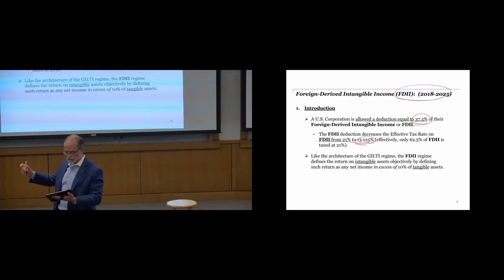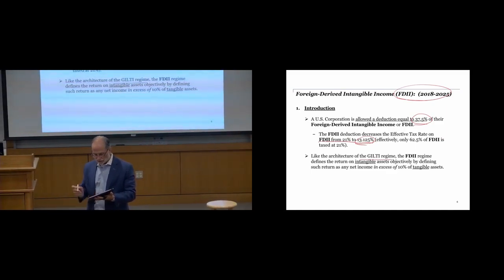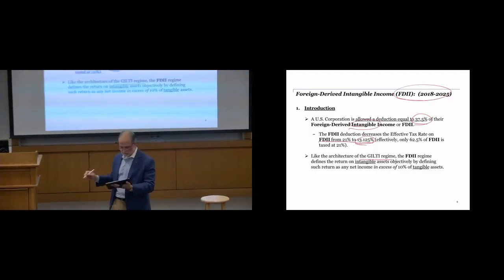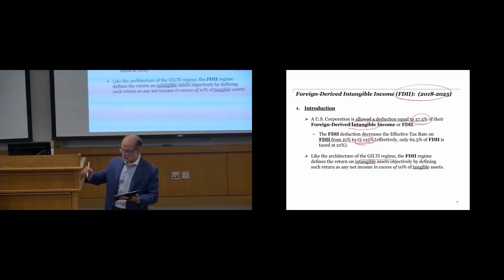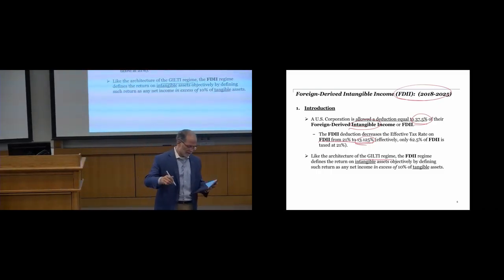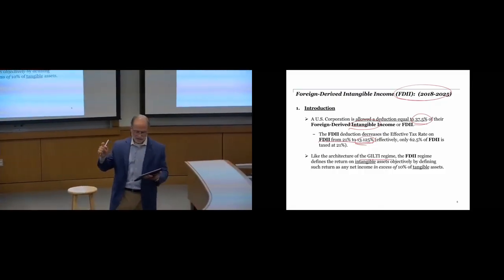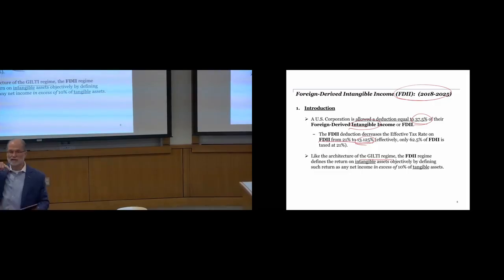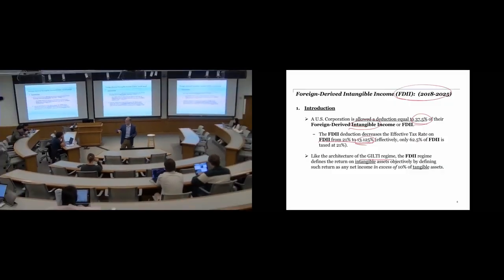reduction in percentage. Like the GILTI regime, the FDII, so we're talking about intangible income, right? Defines the return on intangible assets, just like GILTI, objectively by defining such return as any net income in excess of 10% of tangible assets. Remember when we talked about GILTI? I said the government did not want to get into a debate with every taxpayer about what is intangible and what is not.